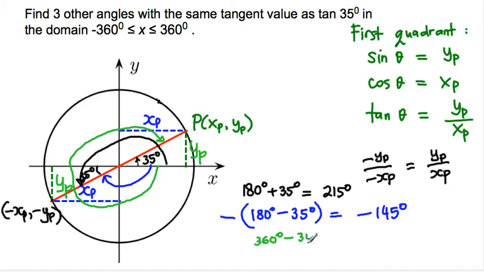However, I know that I've gone clockwise, which means I will have a negative angle. So then my angle here is actually negative 325 degrees. So those are the three angles with the same tangent value as 35 degrees.